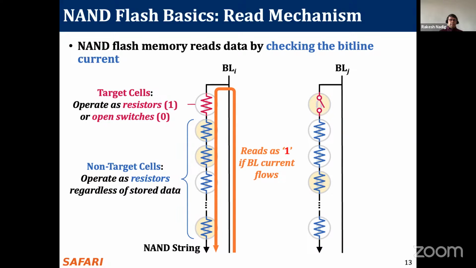In the other case, when this cell operates as an open switch, or it is in a programmed state, the sense amplifier reads it as a 0 because the bitline current cannot flow through the NAND string as the programmed cell operates as an open switch. So this is the key idea behind the flash cell and the read mechanism.